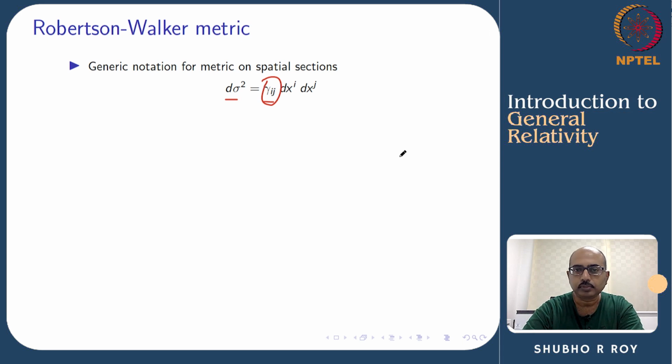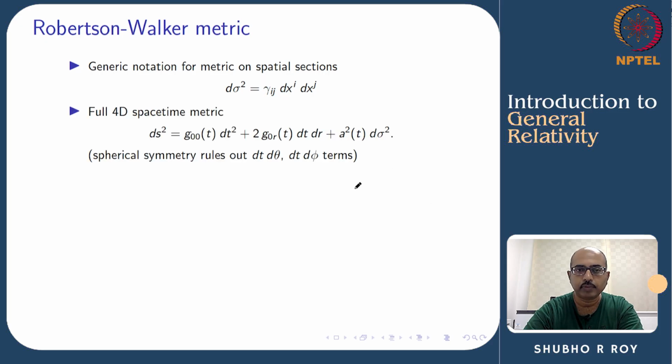Once we have this, let me go back to the point I was mentioning: if I know the metric on the spatial section, how do I write down the metric for the space-time interval? That will be given by this form. As you can see, there is a dt square, which comes with g00, a function of time.